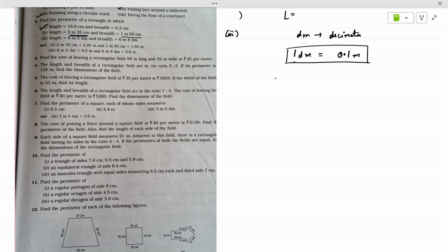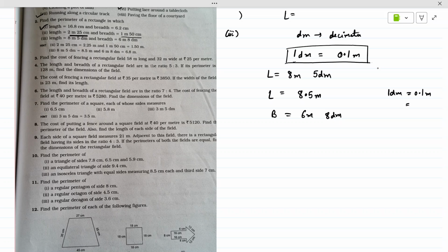So now what is given to us? Length is 8 meters 5 dm. So when we are going to change it, it will become 8.5 meters length. Similarly, breadth is given to us as 6 meters 8 decimeters. So kids, see, 1 decimeter is equal to 0.1 meters.